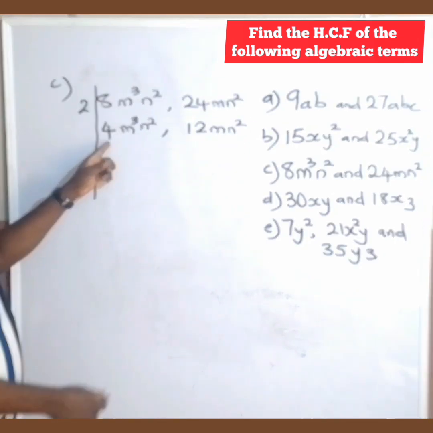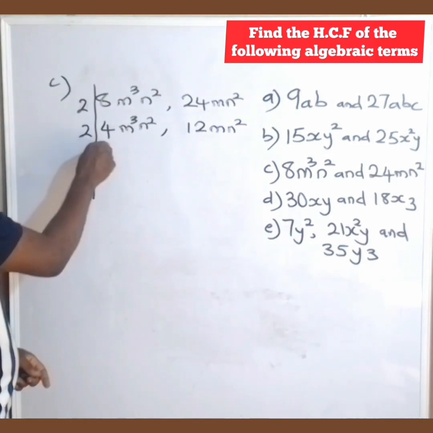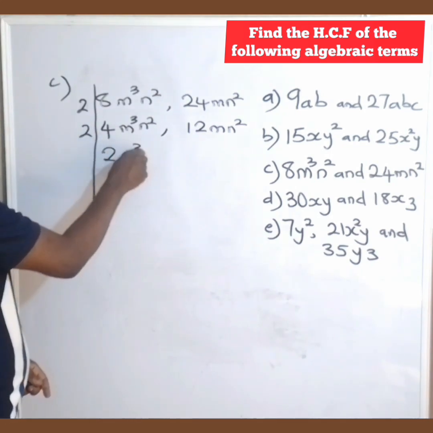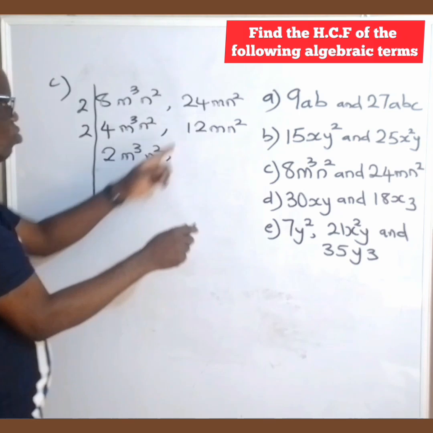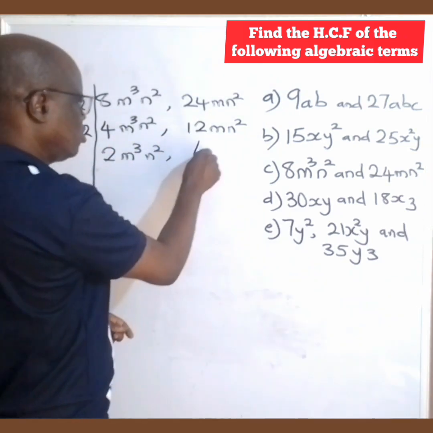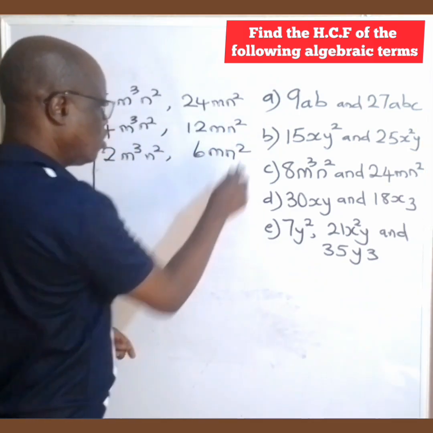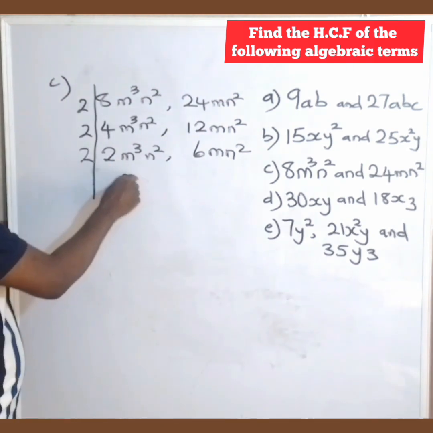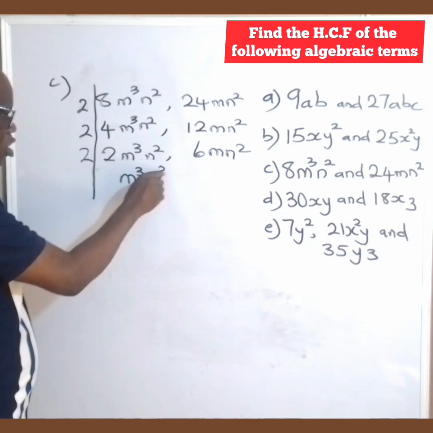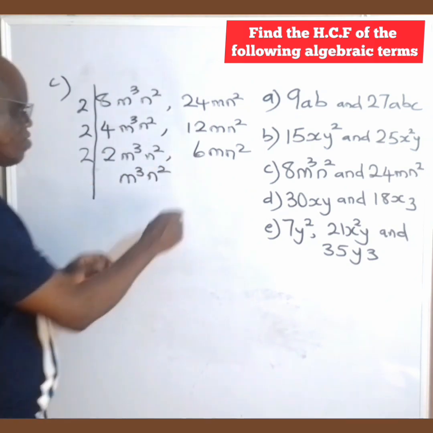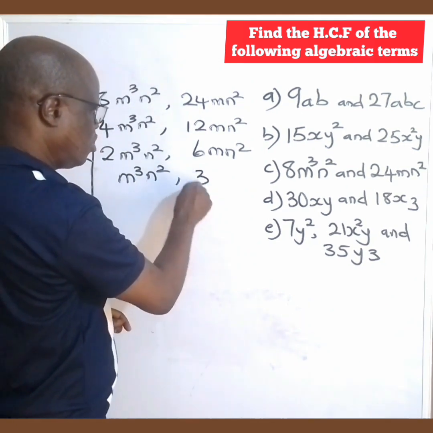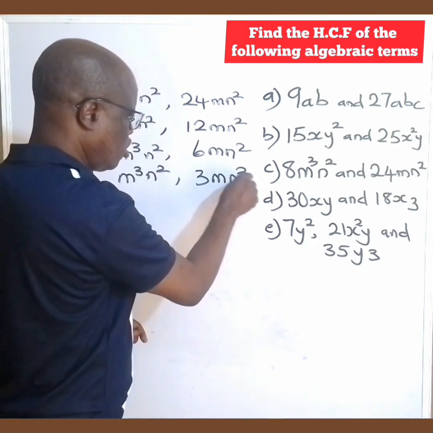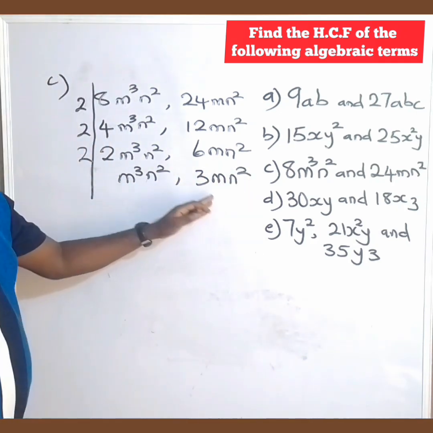Then you can still use 2. 12 divided by 2 is 6. Now you can still use 2 here. 6 divided by 2 is 3. Now there's no other number that can go exactly.